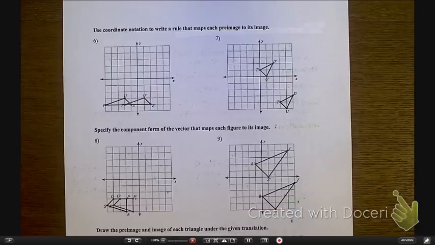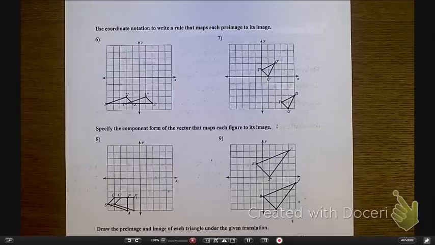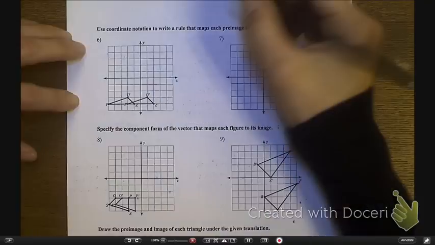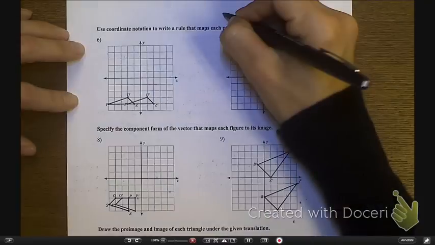Okay, so let's go ahead and take a look at numbers 6 and 7. It says use coordinate rotation to write a rule that maps each pre-image to its image. I can tell which one is the pre-image because the pre-image has no, I guess they look like little apostrophes.